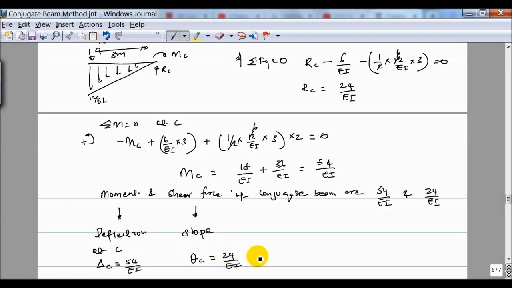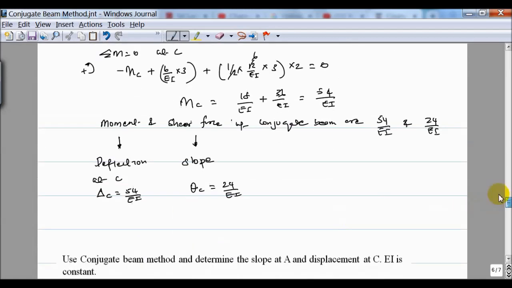But what you need to be very careful about is that when deriving this moment, we have used kilonewton and meter, and distance in meter.